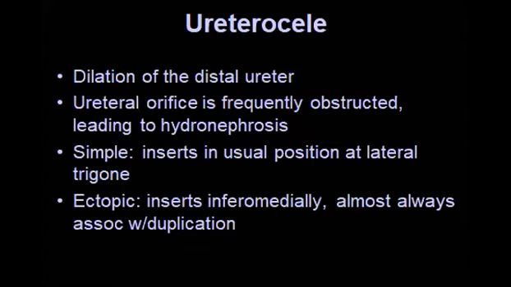Lower reflux, yeah. R with R, yes. So when you find bladder within a bladder, obstructed in the lateral trigone, the ectopic one will be inserted inferomedially and it's seen with duplication.